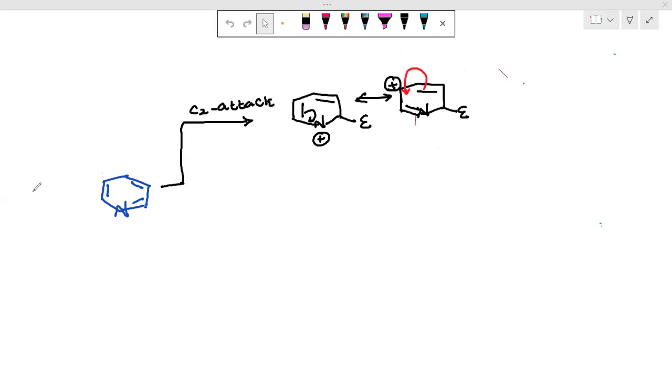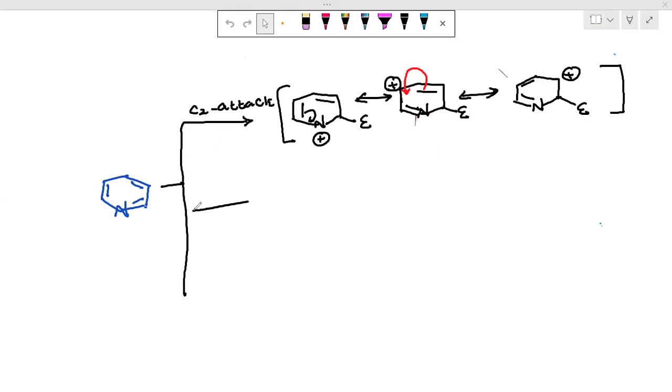So to the formation of the structure as electrophile, then this shifts here, and the positive charge is here. Okay, these are the resonating structures after the electrophile attacks at the C2 position.